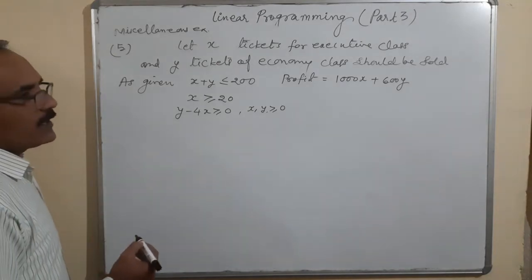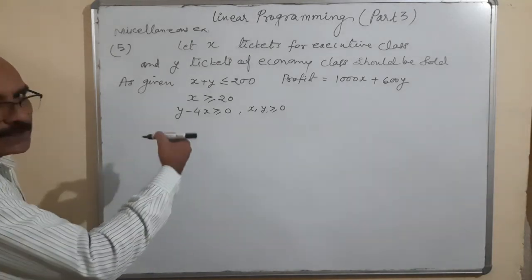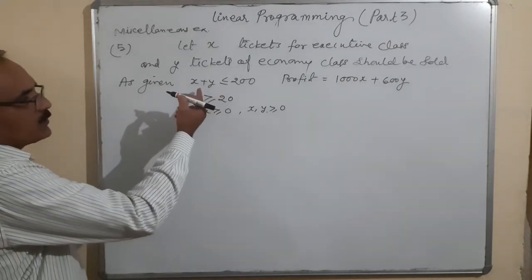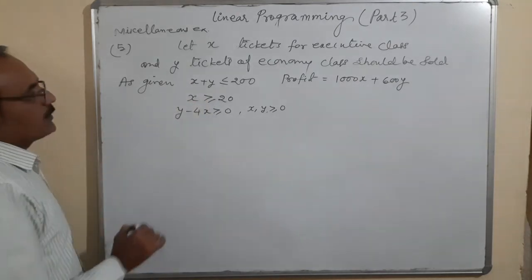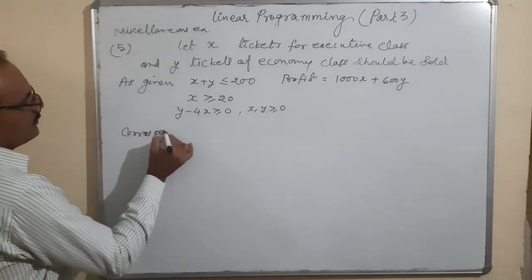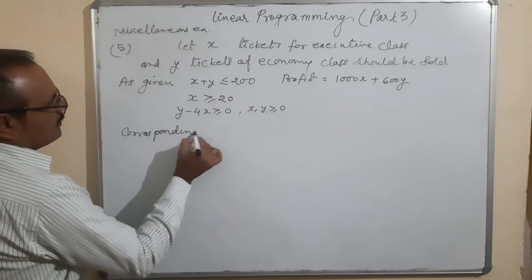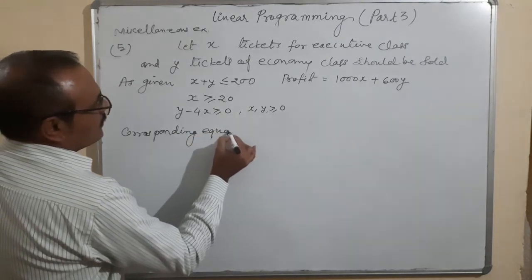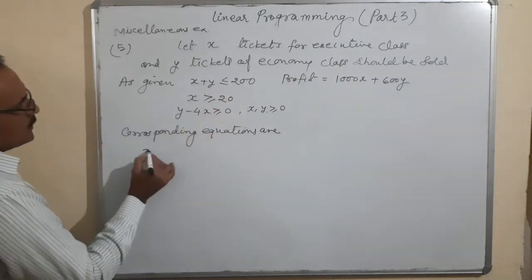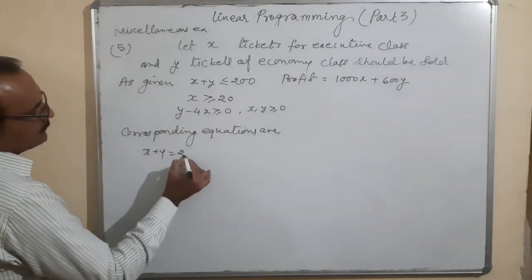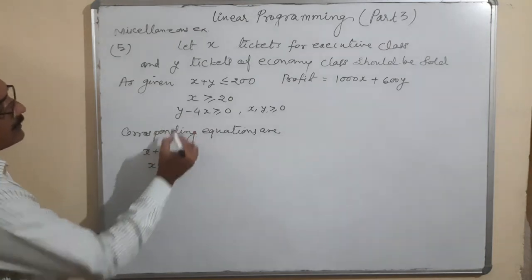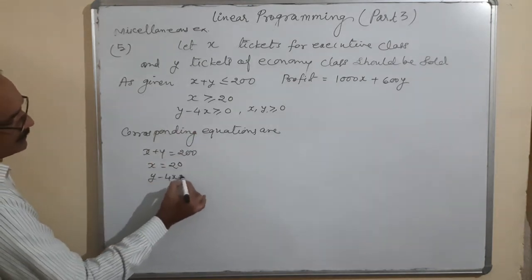Now we are going to find the corresponding equations. Either you write that the optimal region is to be obtained, or simply write the corresponding equations of the given inequalities. The equations are x plus y is equal to 200, x is equal to 20, and y minus 4x is equal to 0.